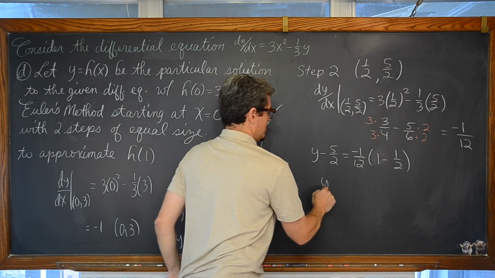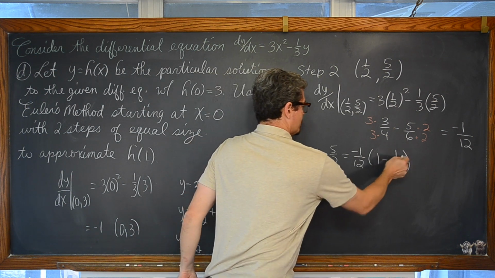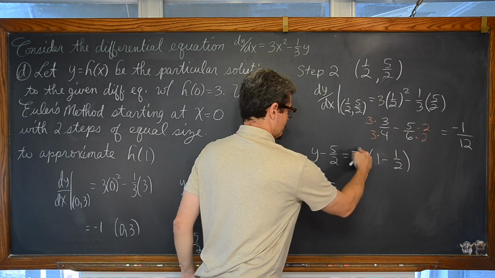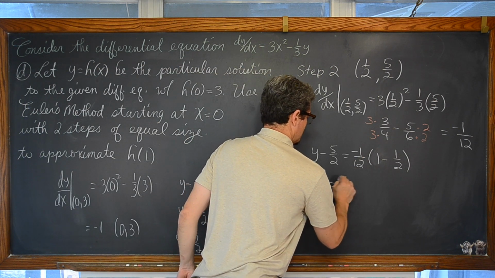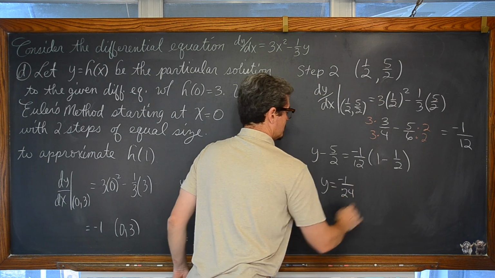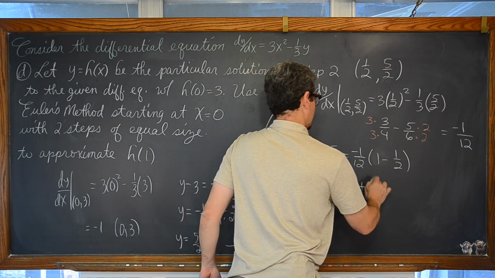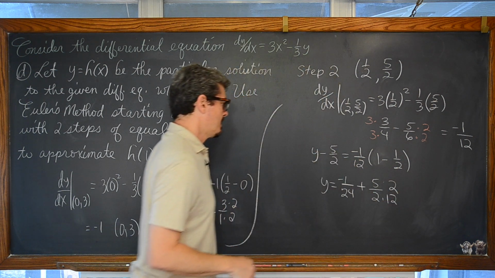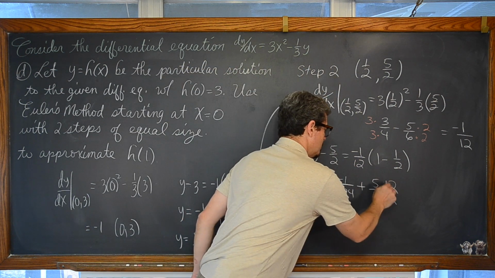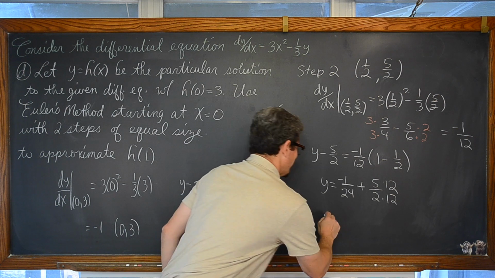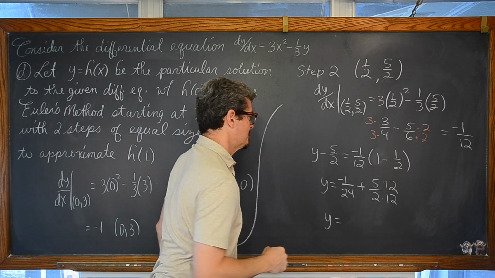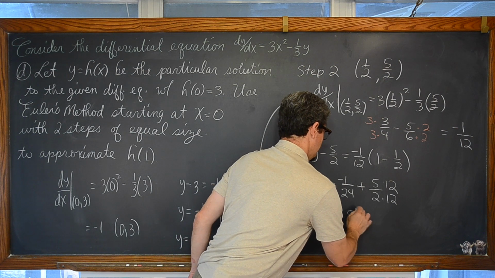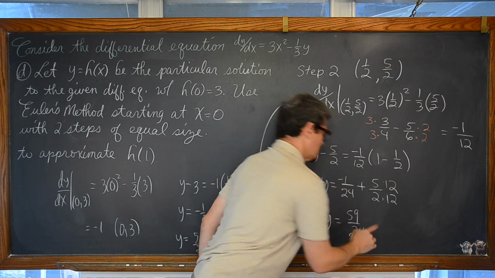So we're looking at y is equal to 1/2, 1 minus 1/2, times negative 1/12 is negative 1/24 plus 5 over 2, multiply top and bottom by 12. And we have y is equal to negative 1 plus 60, or 59 over 24.